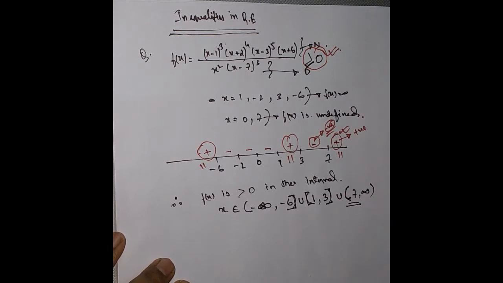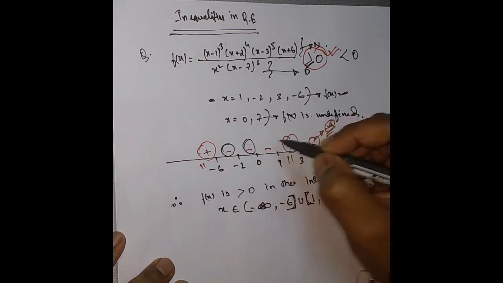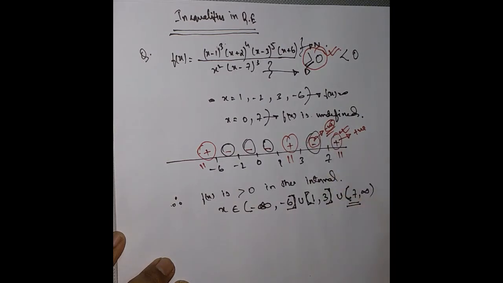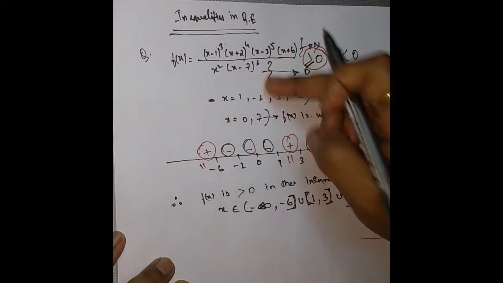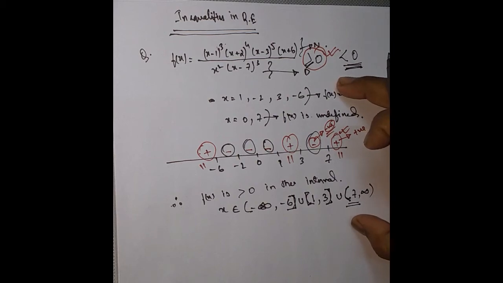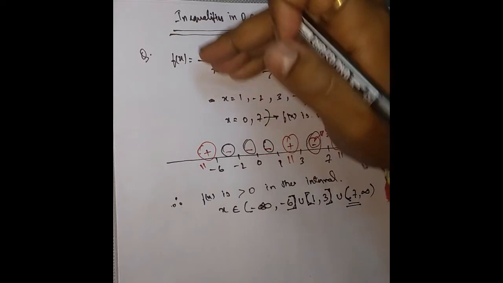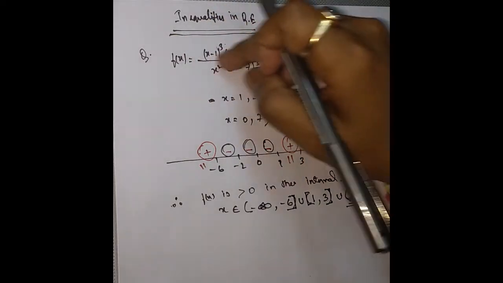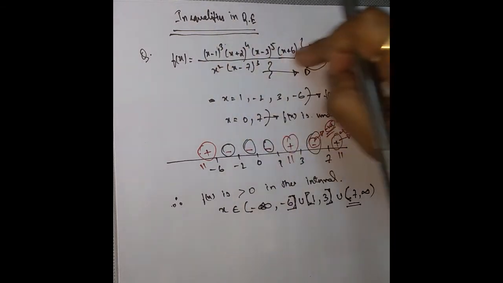Likewise, if the question had given less than 0, then we would consider these intervals. Depending on what the question says, choose accordingly. And see the powers, whether they are even or odd. You apply this method to any expression of the form p by q, where p and q are both products of factors.